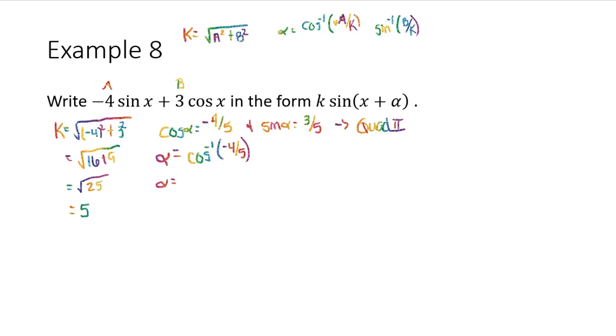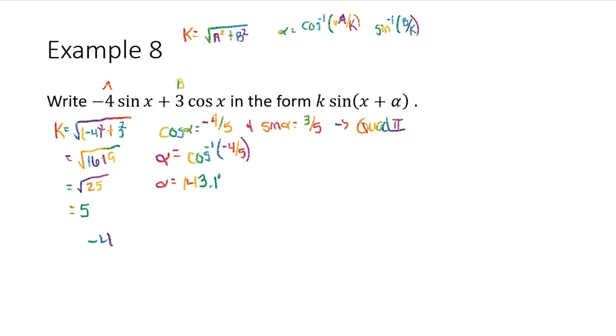Second cosine of -4/5, rounding to 1 decimal place, gives me 143.1 degrees.